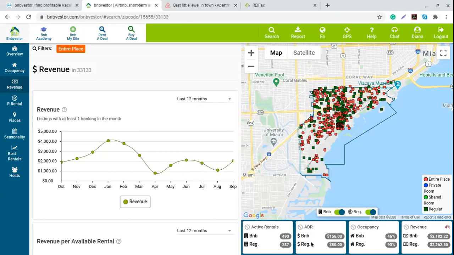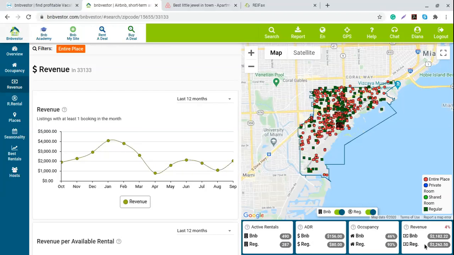The average daily rate has changed. Now people on average in this area alone are charging this amount, okay? And regular rentals are only charging this amount on average daily. The occupancy rate is now 46% in this area, okay? And the occupancy rate on regular rentals is 93%.